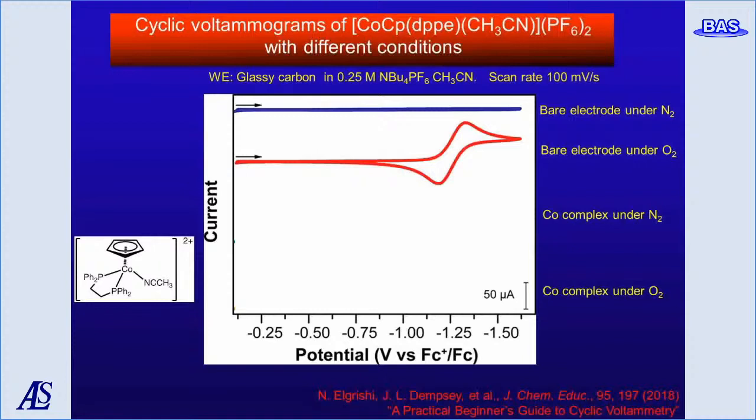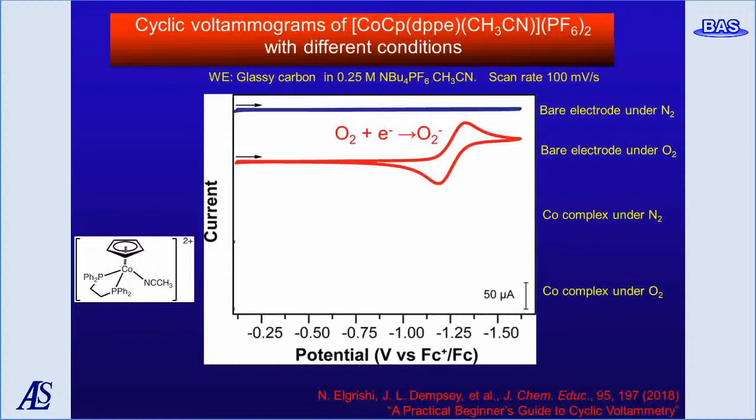When dinitrogen gas is bubbled into the acetonitrile solution, the background shows no peaks. However, when the solution is in contact with air, a reduction peak appears, which arises from the reduction of dioxygen. So when you measure the reduction process, the solution should be degassed by inert gas flow.